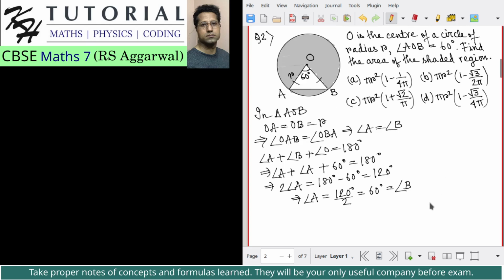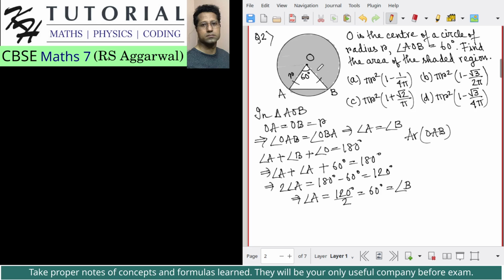So what will be the area of the shaded region? It will be the area of the circle minus the area of the triangle. Triangle OAB is an equilateral triangle where the length of each side is r.